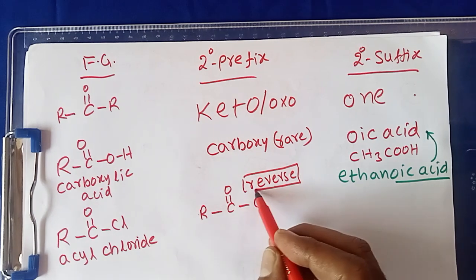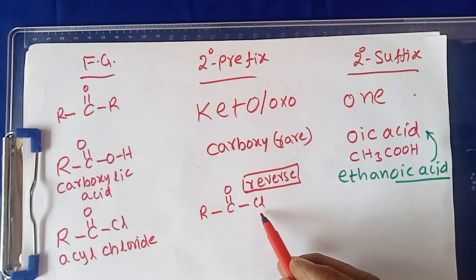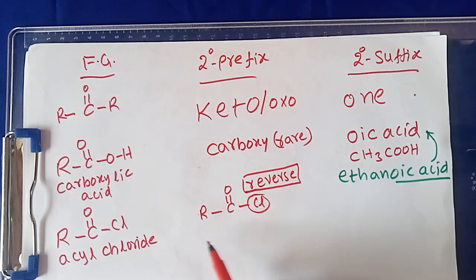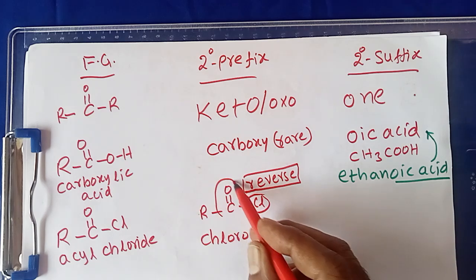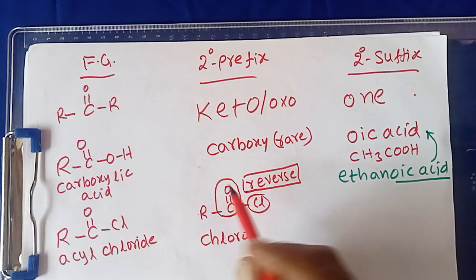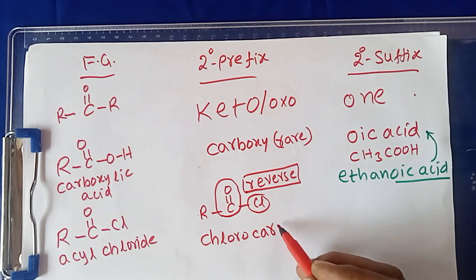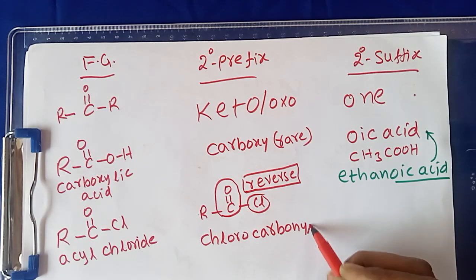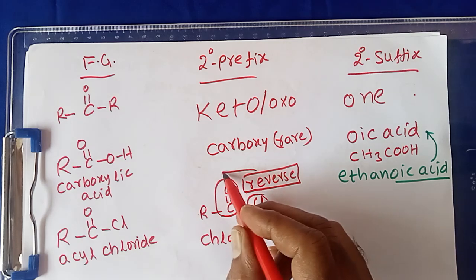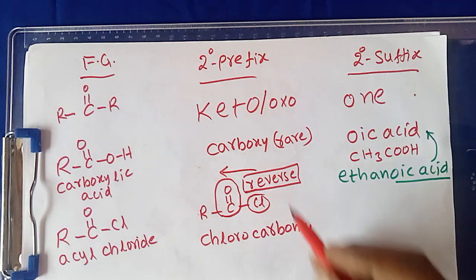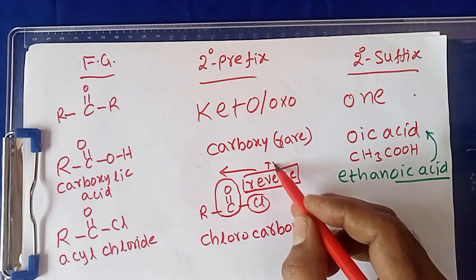What is the reverse formula meaning? What is this name? Chlorine. So chloro first. And what is this name? Carbonyl compound. So chlorocarbonyl. That's why you can use the reverse formula. Simple trick. This is the trick.